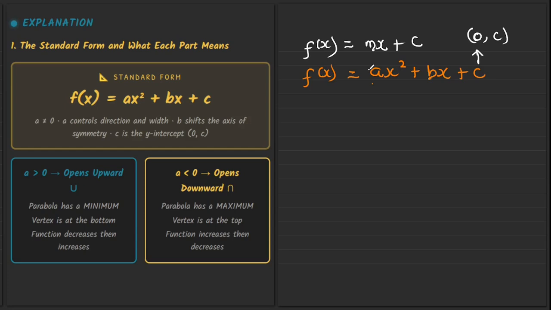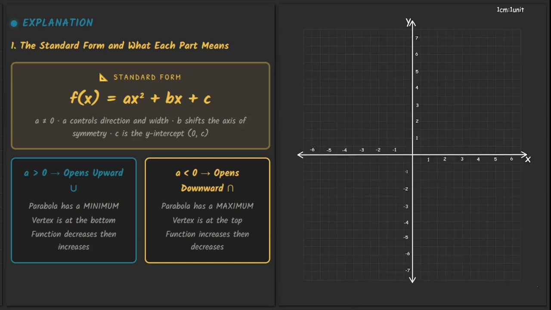Now let's look at how quadratic functions actually look on a graph sheet or on the Cartesian plane. Remember in our previous lessons, we said linear functions are just straight like this, either this way or this way, depending on the gradient. But for quadratic functions, we have two types that they can be represented in.